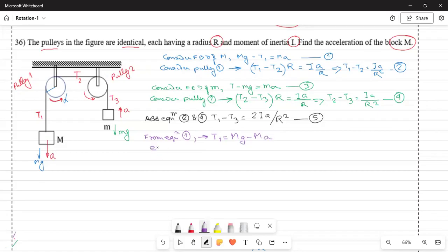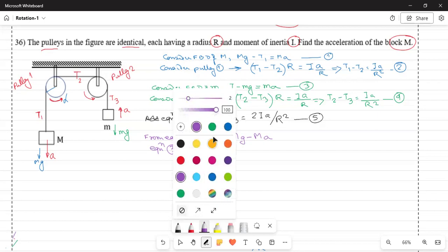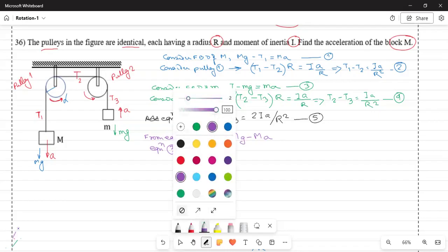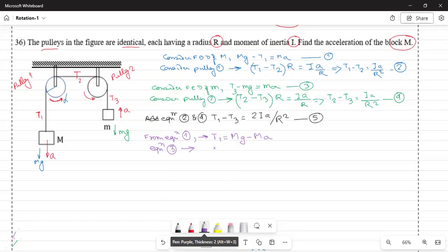Similarly, from equation 3, we get T3 is equal to small mg plus small ma.